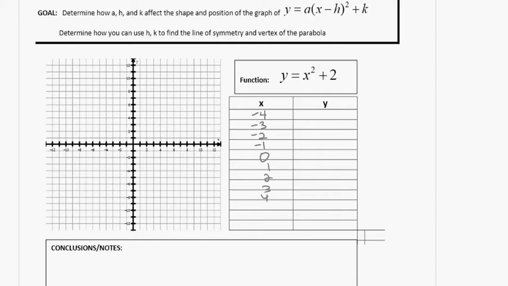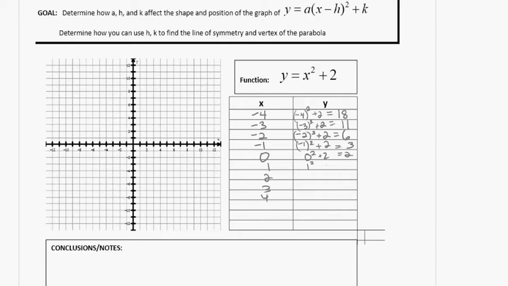So -4 squared plus 2 is 18. -3 squared plus 2 is 11. -2 squared plus 2 is 6. -1 squared plus 2 is 3. 0 squared plus 2 is 2.